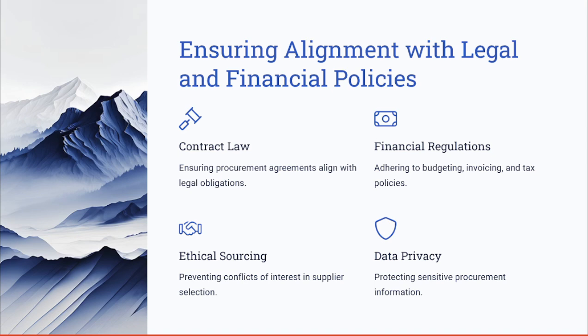Financial regulations means adhering to budgeting, invoicing, and tax policies, ensuring that all of the documents and contracts adhere to these regulations. Ethical sourcing means preventing conflicts of interest and ensuring fairness in supplier selection.